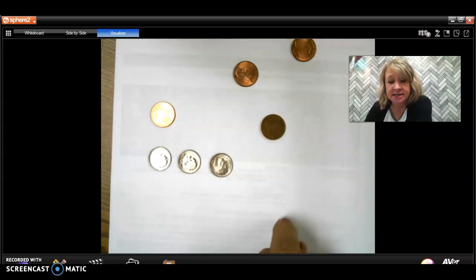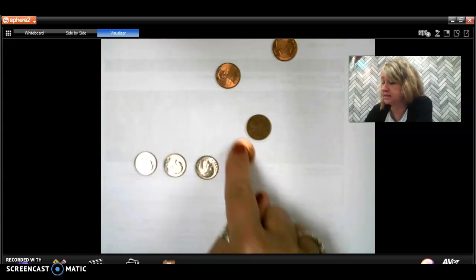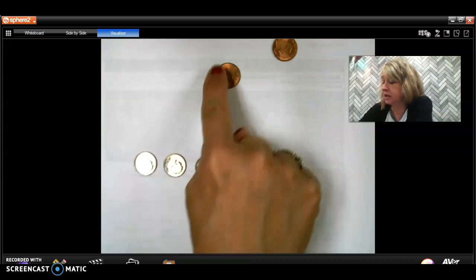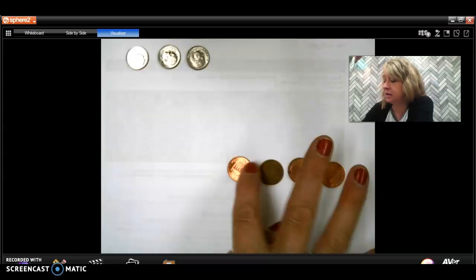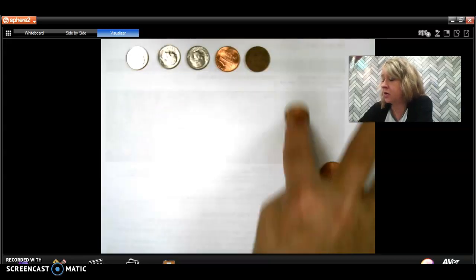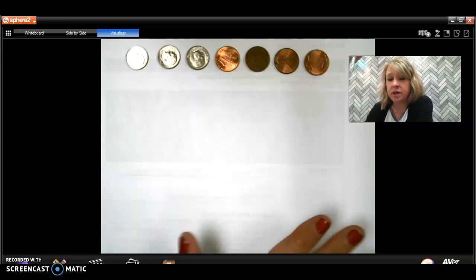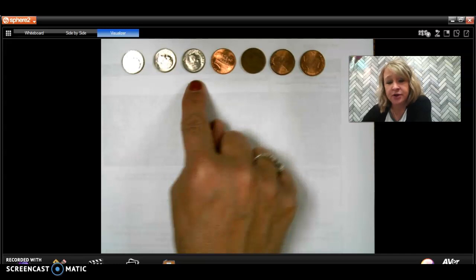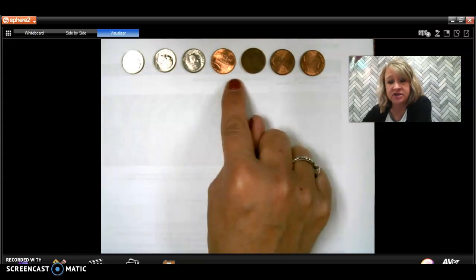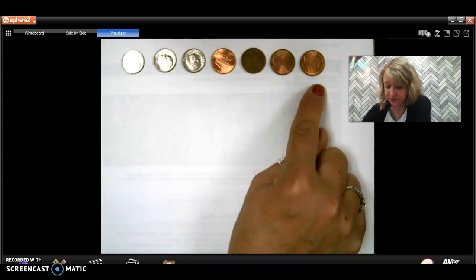Now the next largest value would be the pennies. I'm going to move all these up so everybody can see how we line them up before we count them. So we have all our dimes first, and then the next largest value would be our pennies.